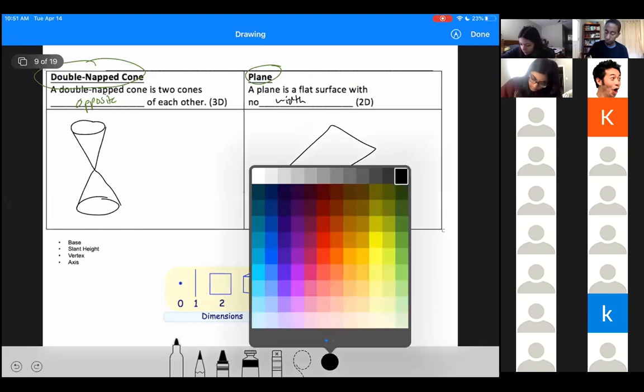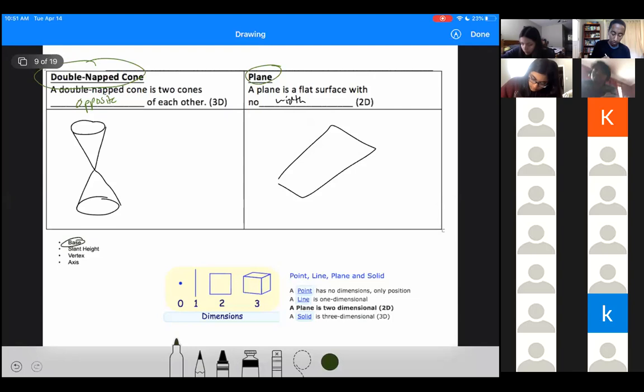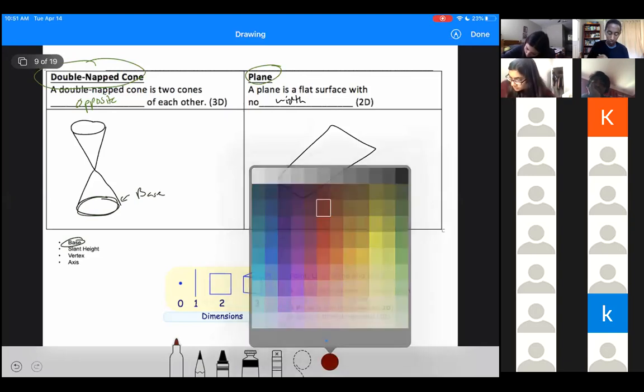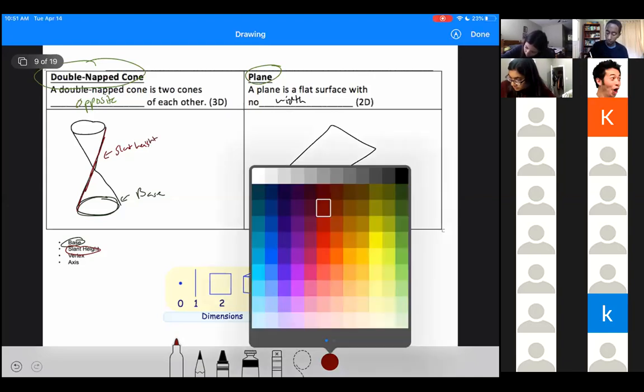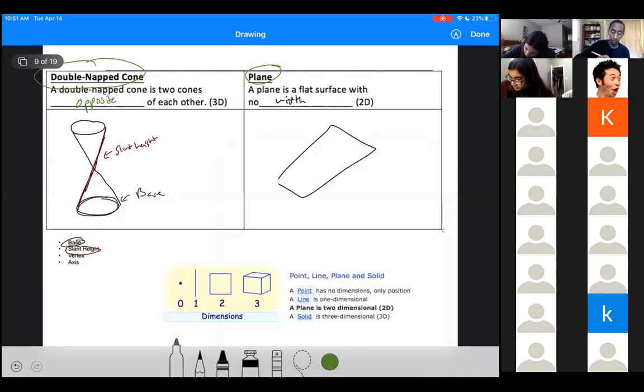So just a couple of vocabulary words we need to know. We have the base, okay? This is the base. It's going to have two bases, right? The base at the bottom, base at the top. Then we have the slant height of the cone, this is the slant height. Then we have the vertex of the cone.